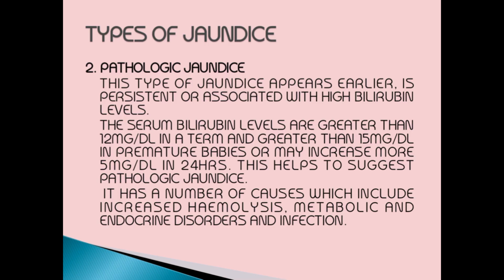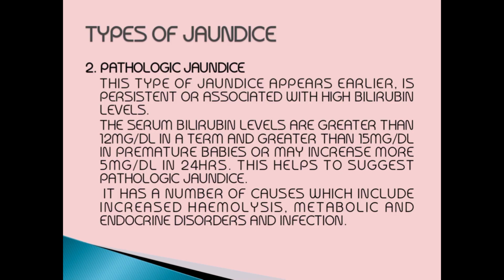So now we talk about pathological jaundice, which we said has an underlying cause. There is something that is leading the baby to have this jaundice. So now let's look at this. Pathological jaundice is a type of jaundice that appears earlier.